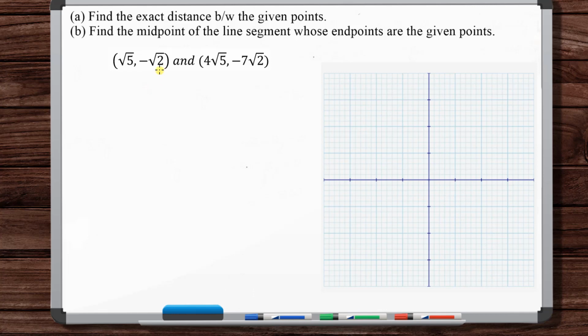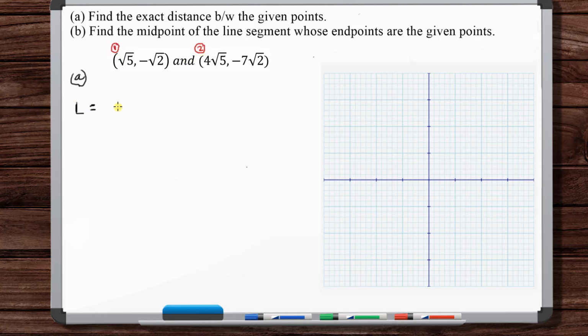Okay, in the last problem, we're not going to plot these points. Let's just plug straight into the distance and midpoint formulas. So part A, and we'll call this point 1 and this point 2.